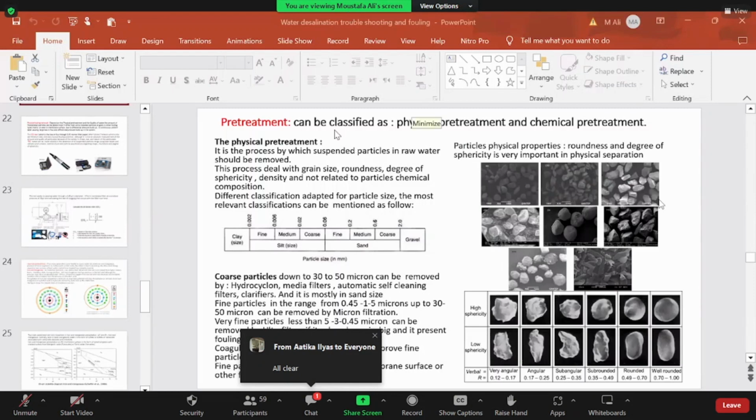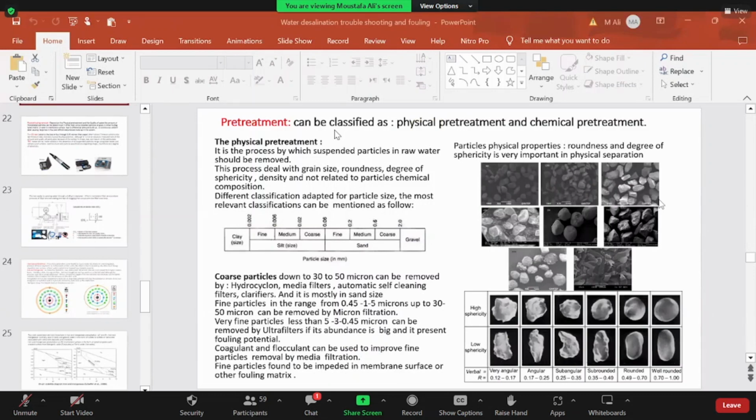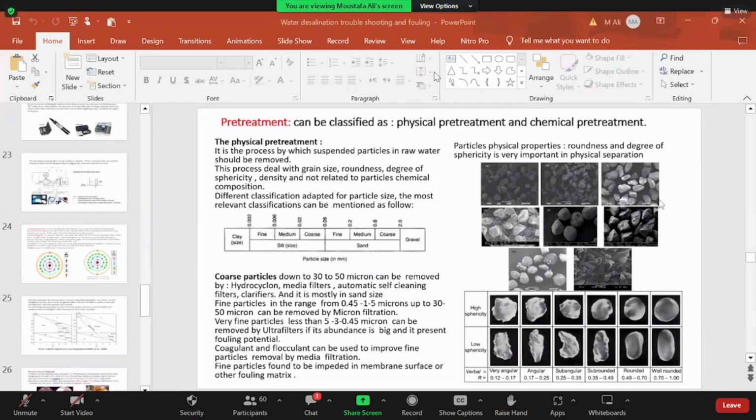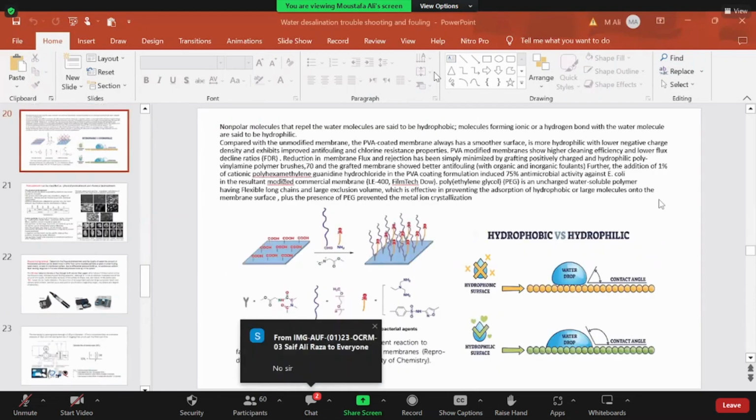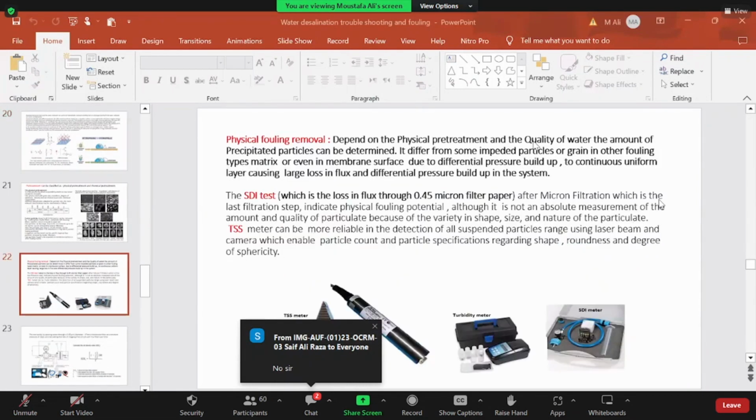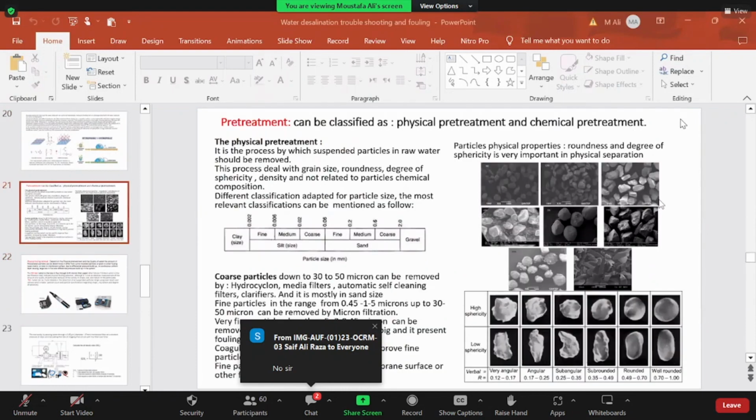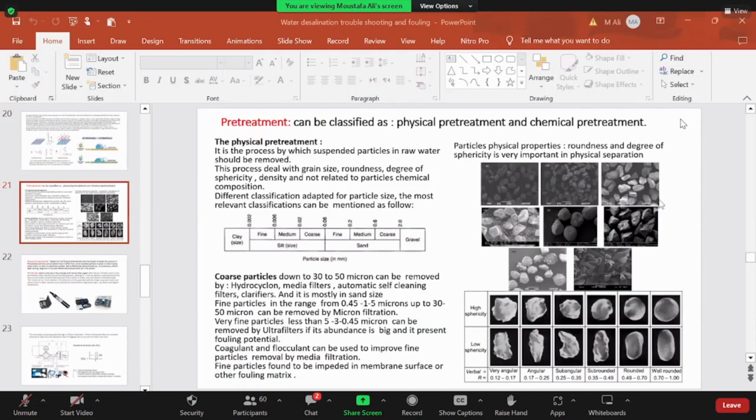So today we'll talk about some of the applications of ultrafiltration. We'll start first with the physical pretreatment, for example, in the application of drinking water or potable water from surface sources like rivers, lakes, or even from underground wells.